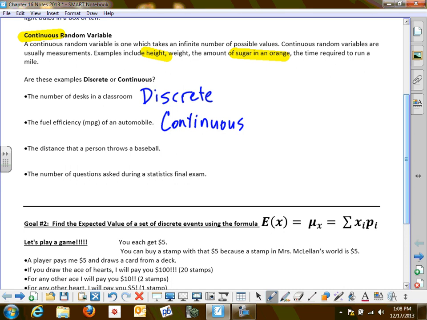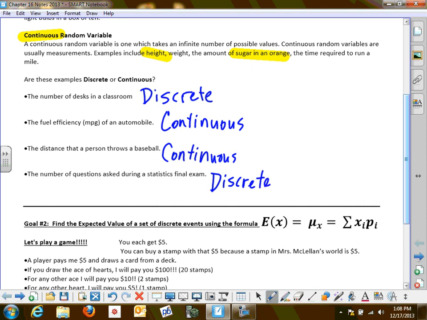That's a measurement, and typically measurements I could measure in super small, infinitesimal decimals, so that would be continuous. But the number of questions on a statistics exam is a set countable amount, so that's discrete.